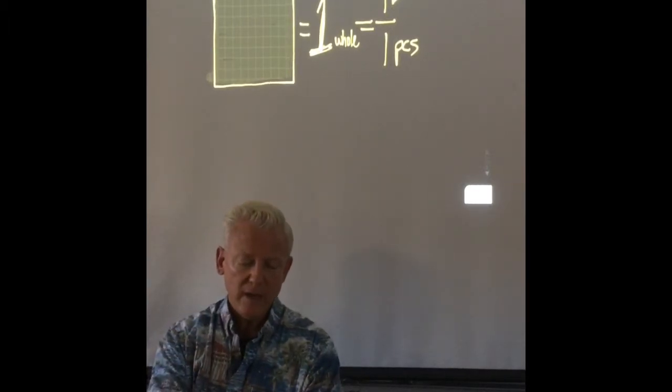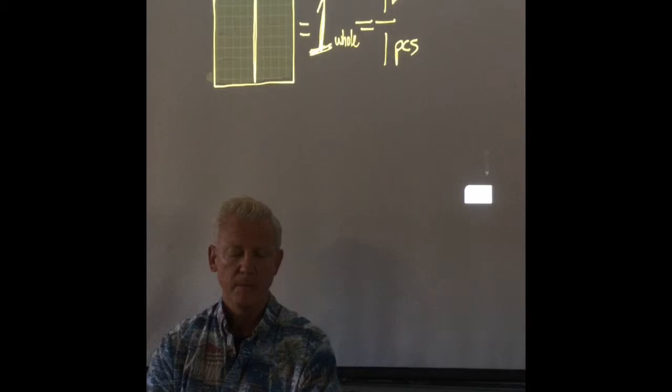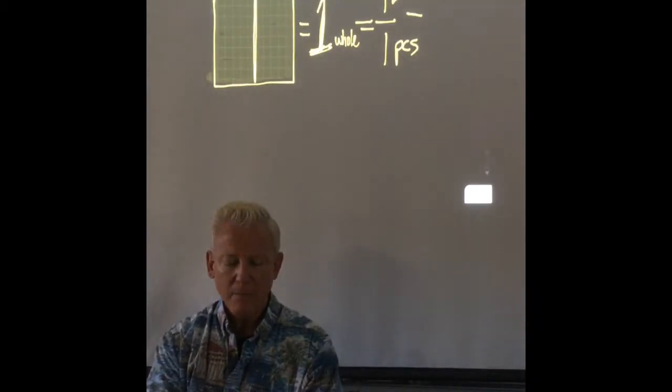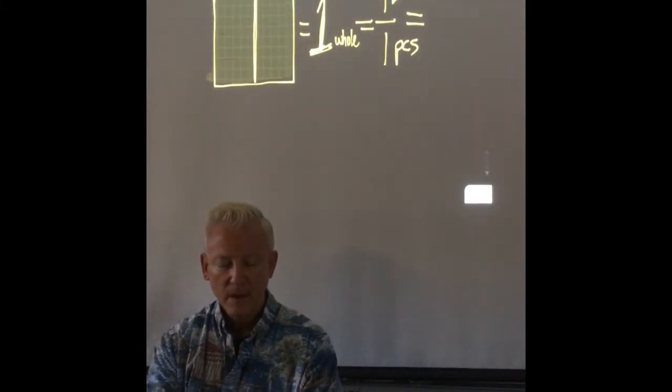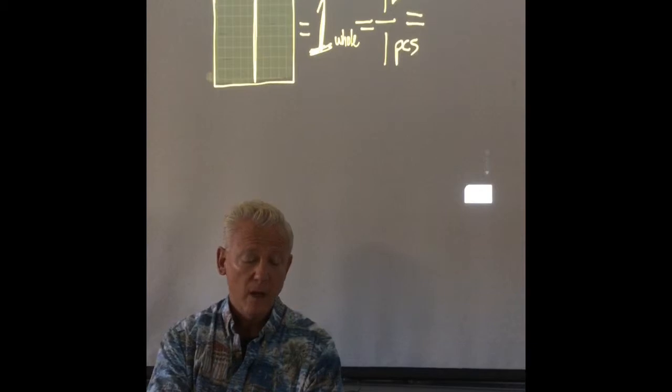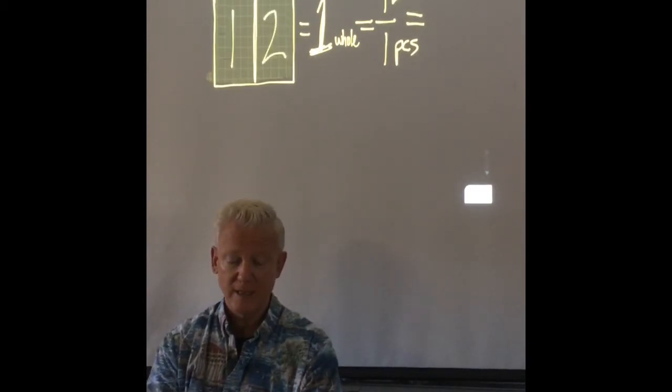Now, what if I took this pen and I cut it in half? What would my fraction be? Well, how many pieces do I have? 1, 2. I have 2 pieces, so what's my bottom number going to be?